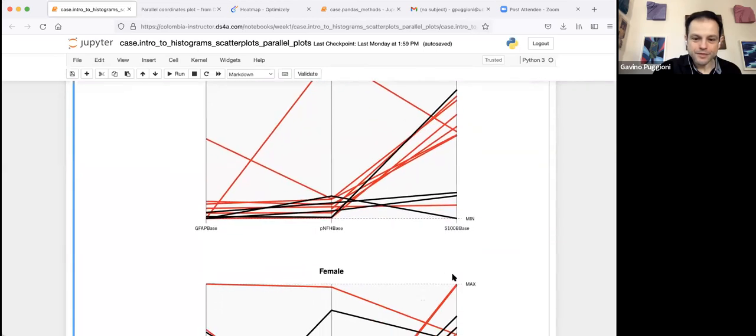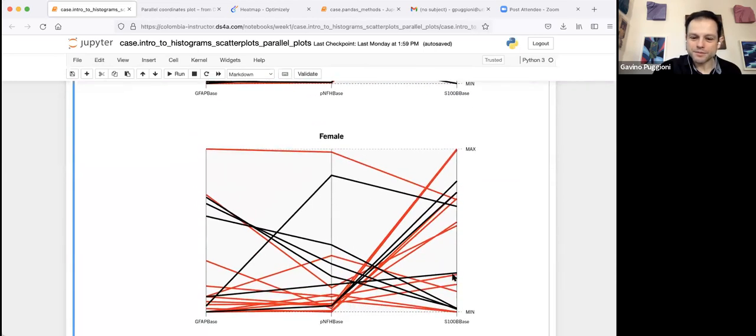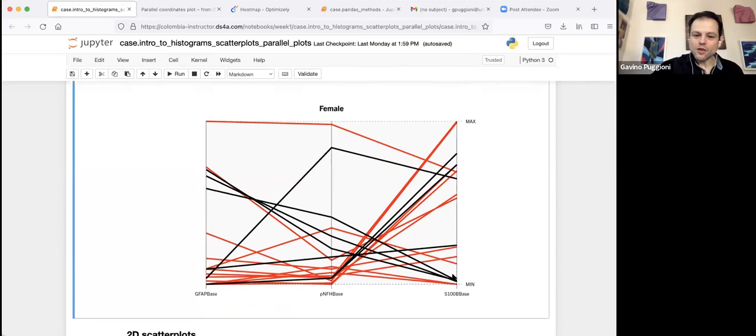What about female? Well, female is more complicated, I would say, in the sense that most of the females that recover had a low GFAP, but some of them had it high. And also in the S100, we see that there is quite a bit of dispersion.